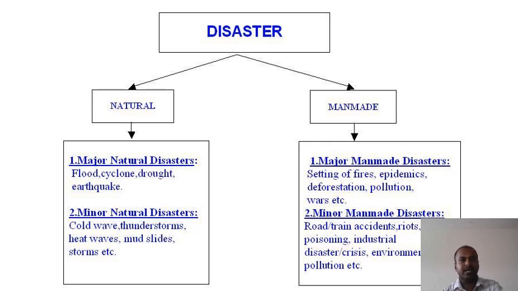And setting of fires in forests, homes or industries are also major man-made disasters. Also COVID is not a natural disaster. The virus was created and induced into humans only. So this is also called a man-made disaster.